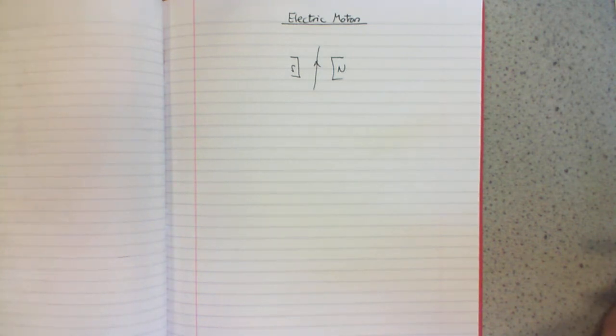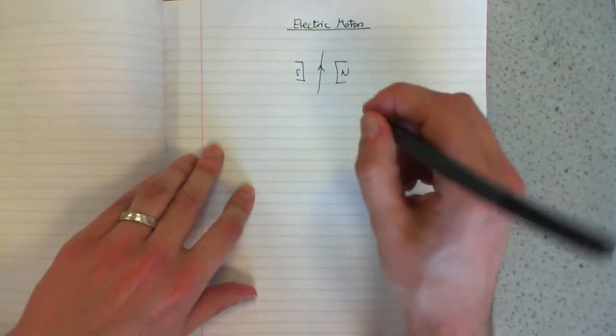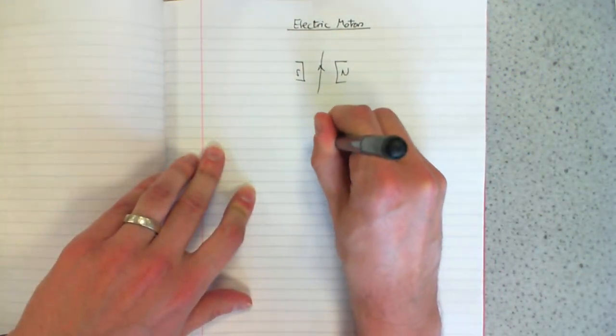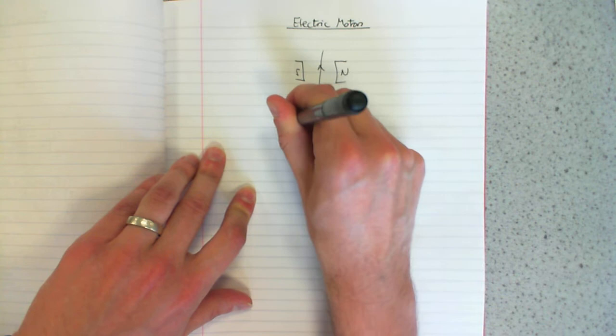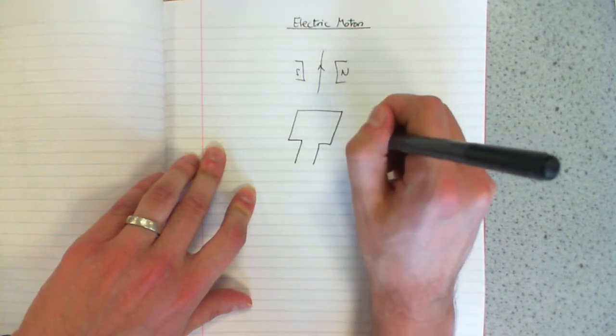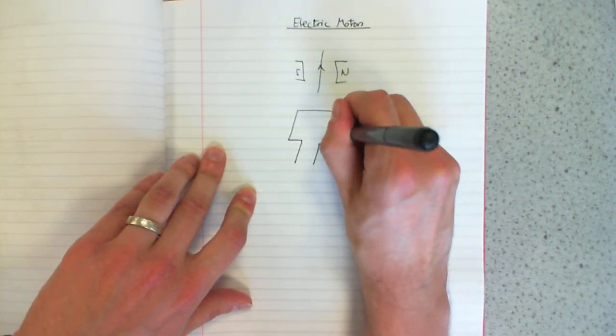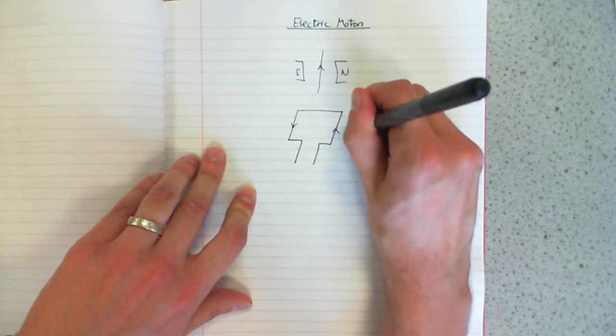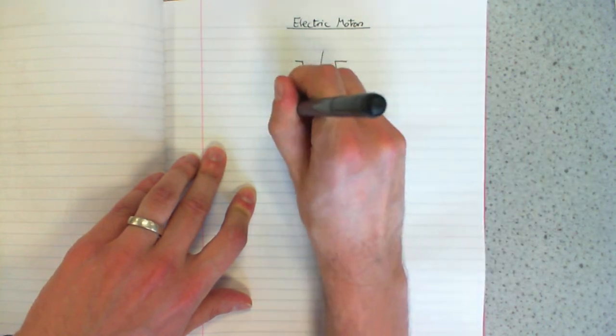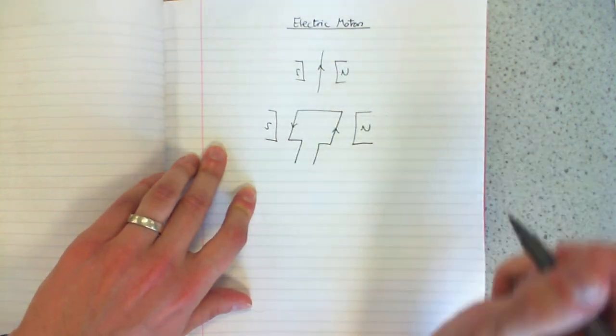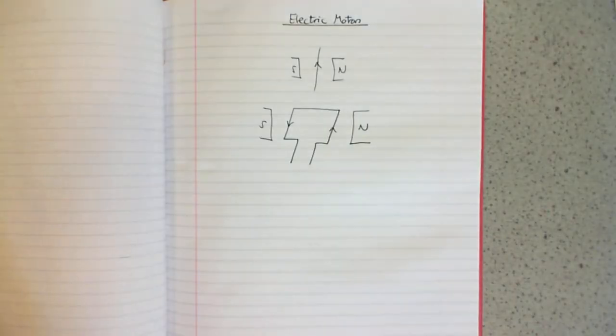Electric motors work off the principles of the motor effect, and what the motor looks like is a coil of wire, and surrounded by that coil of wire are permanent magnets. And it works using the principle of the motor effect.